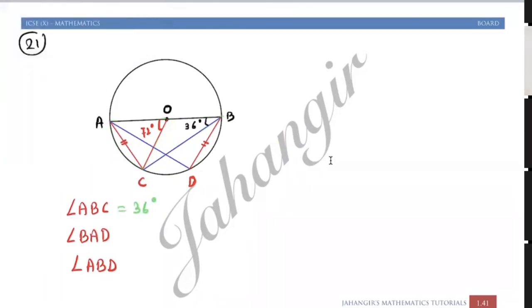Now we want angle BAD. Can anyone tell me what is BAD? See, I will explain one concept before you.